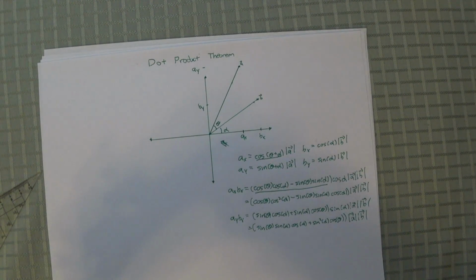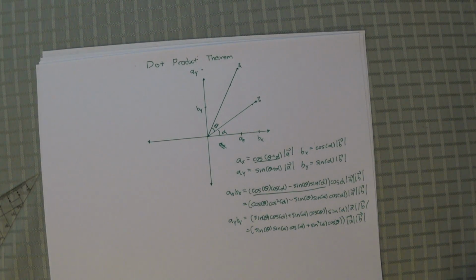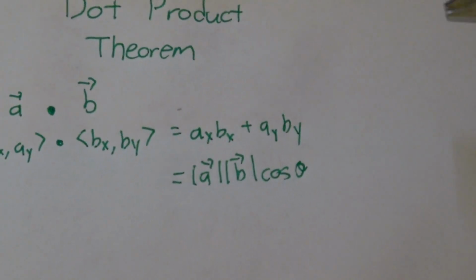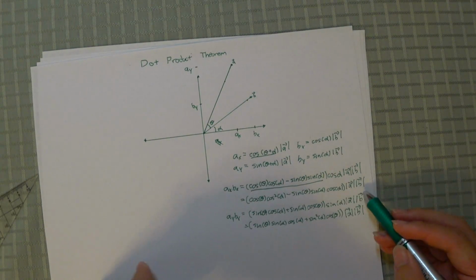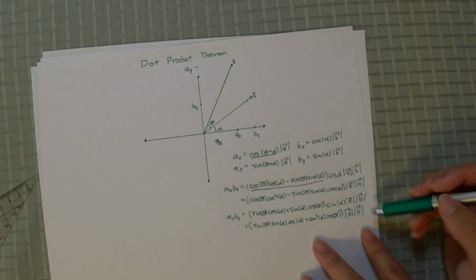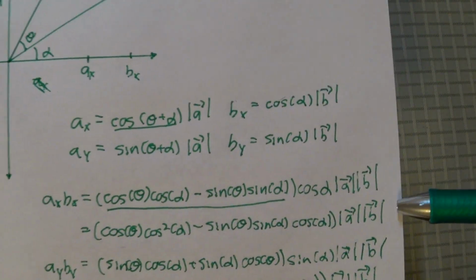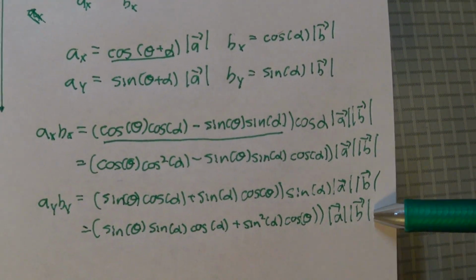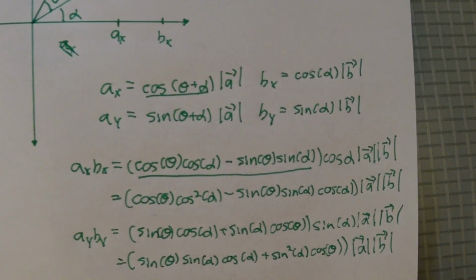So if you remember, the dot product is ax bx plus ay by. So all we have to do now is just add these two things. But as you can see, we have the magnitude of vector A and the magnitude of vector B multiplied in both of these things. So we could distribute that out.